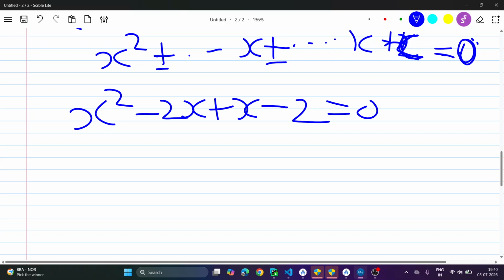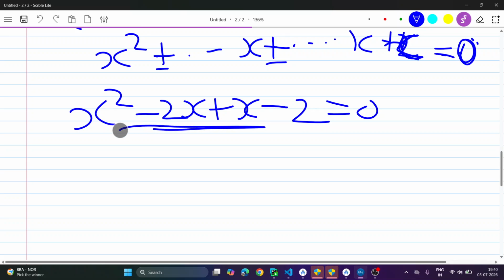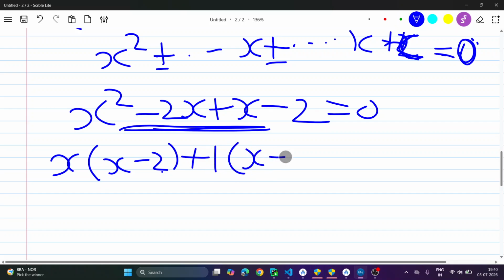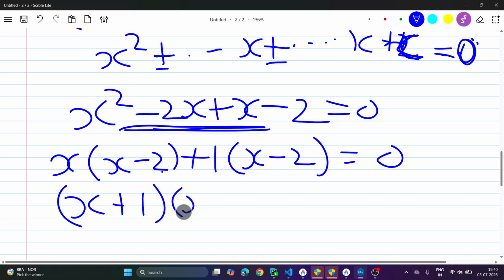As we know the roots, we show that we have split the middle term, right? After we show this, we can say we took x common, this is x minus 2, plus 1 common, this is x minus 2, equals 0. So x plus 1 into x minus 2 equals 0.